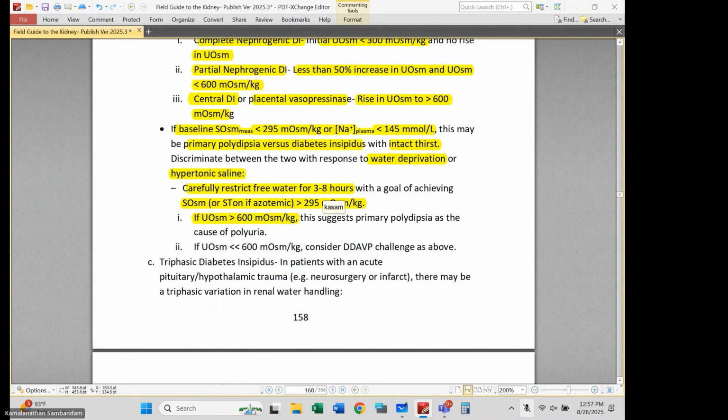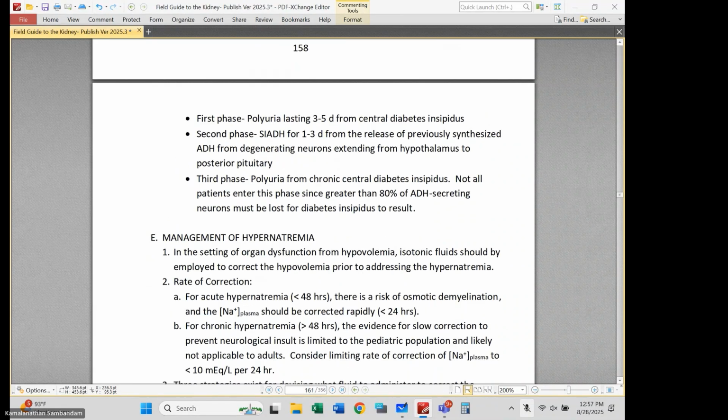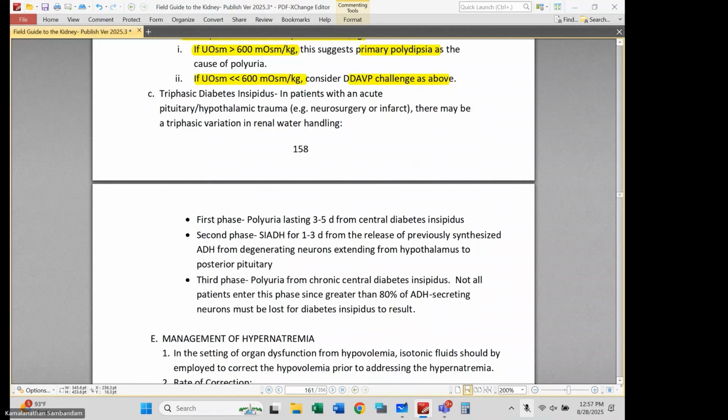And if they are not concentrating their urine, then that would be a patient who might have these syndromes of diabetes insipidus, which you can elucidate with DDAVP. If, on the other hand, they have the normal concentrating response, then this is a patient who's simply drinking too much as an explanation for their polyuric complaint.